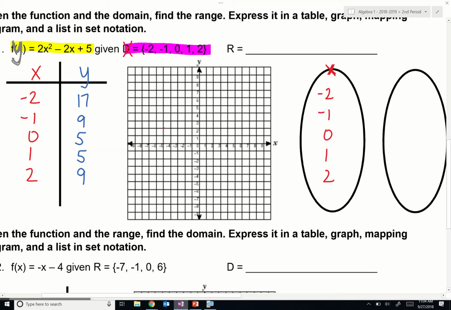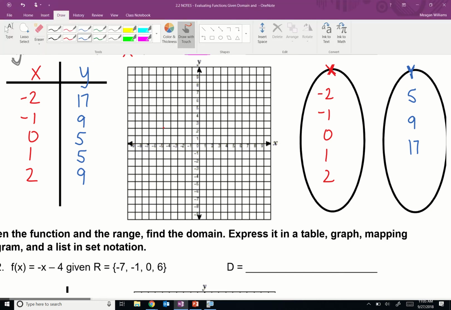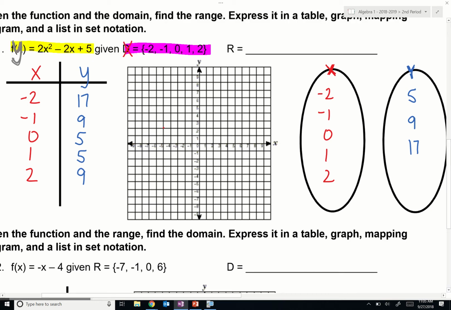So let's go finish our mapping diagram. We're going to put our y's on the right side. But we have to put them in what order? Least to greatest. Do we repeat? No. So I'm going to have a 5, then what? And the thing with mapping diagrams is you have to match up your partners. So you've got to draw a line from their partners. Who is -2 partnered with? 17.